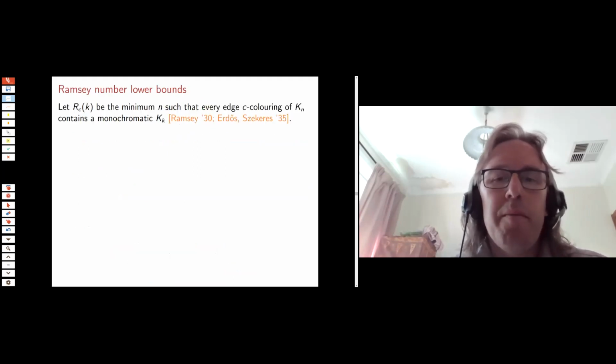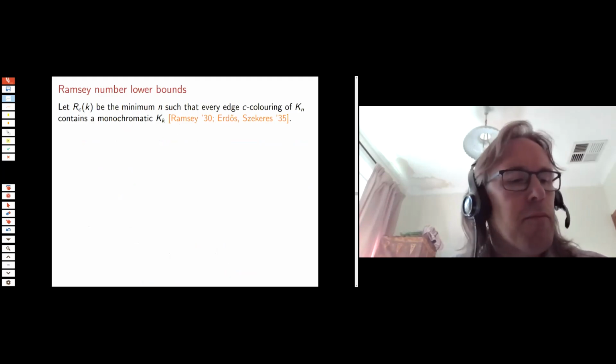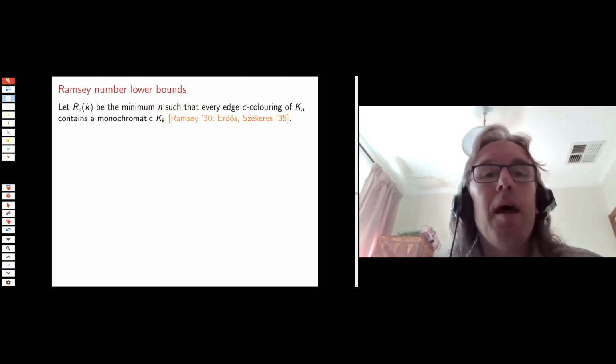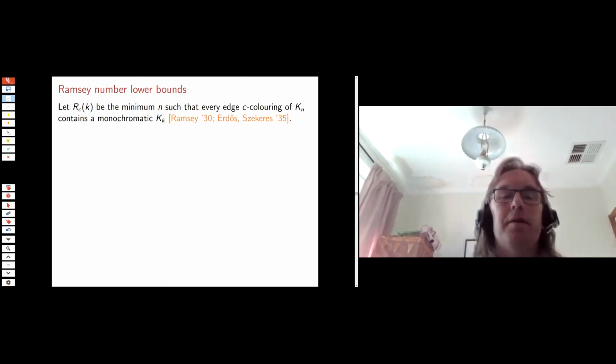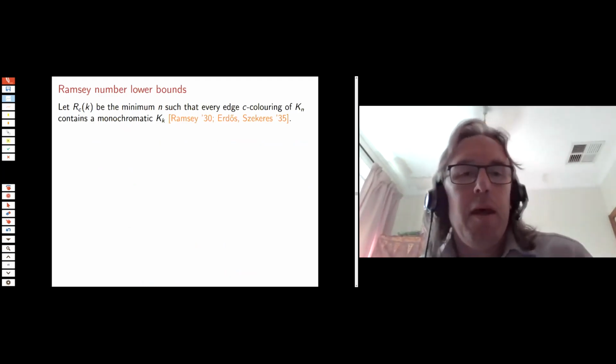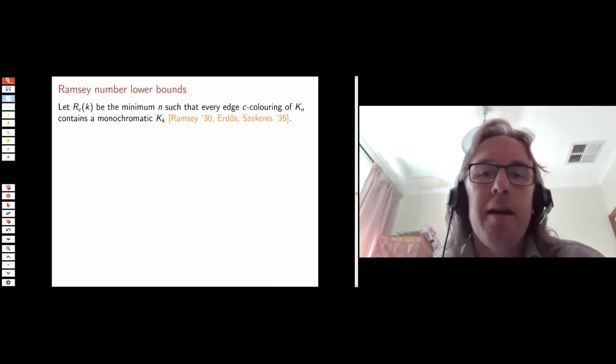Ramsey number lower bounds. I'm going to say this very briefly because I'm a little short of time. R(C,K) is your standard Ramsey number. R(C,K) is the minimum n such that every edge C-coloring of Kn contains a monochromatic KK.